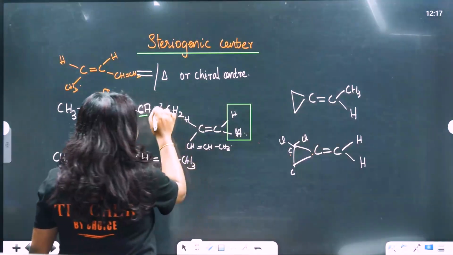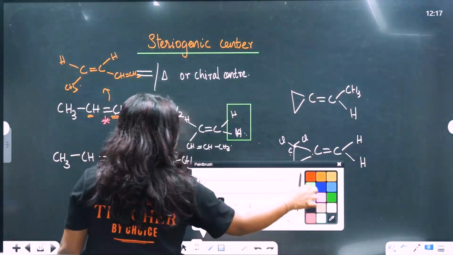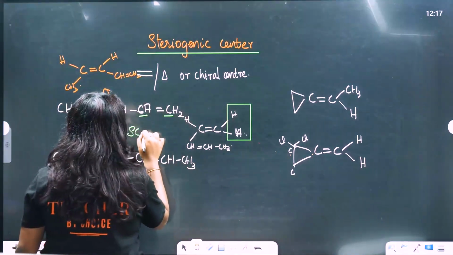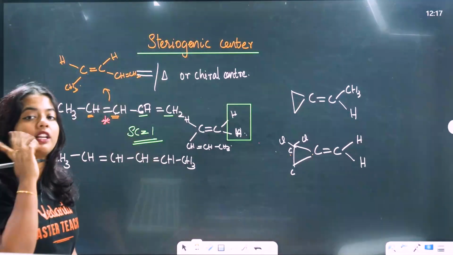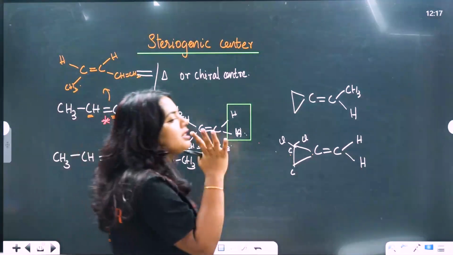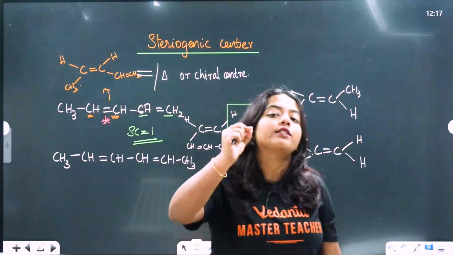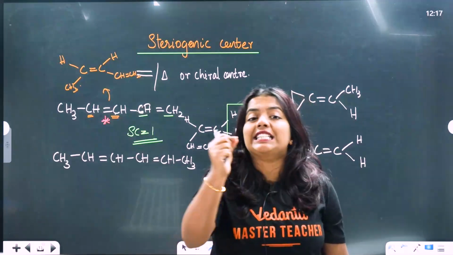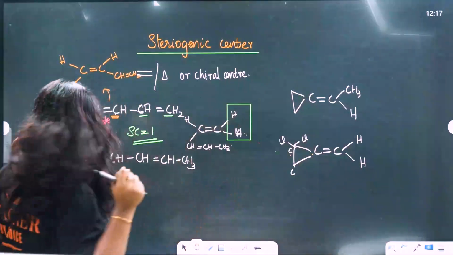So this particular double bond is not a stereogenic center. So, while I'm telling about the stereogenic center, I can write it. How many stereogenic centers are there for this compound? This particular compound has only one stereogenic center. This is very important to understand. If you understand this point alone, you can easily and quickly answer all the questions in stereoisomerism. Okay, next one.